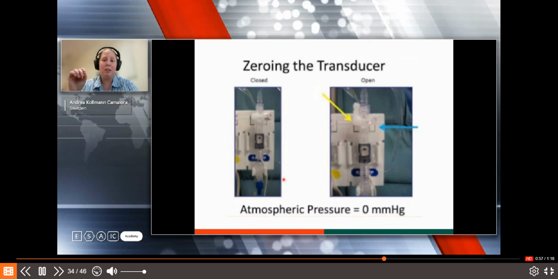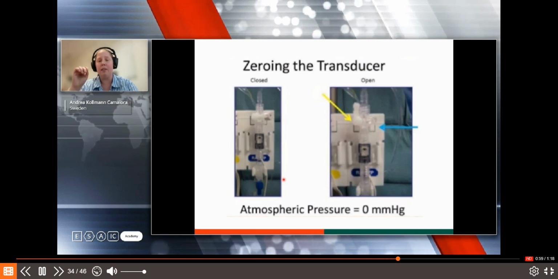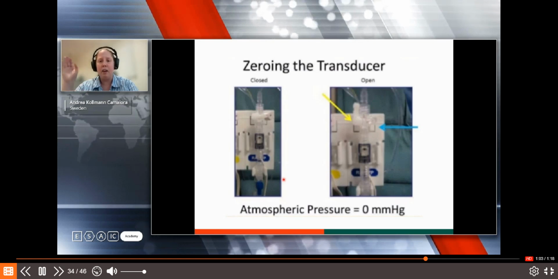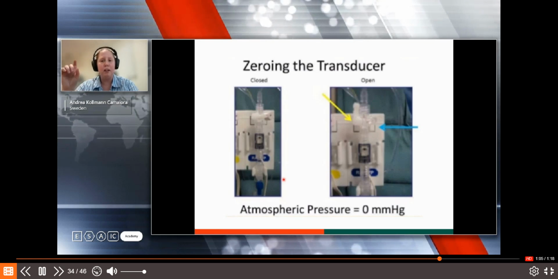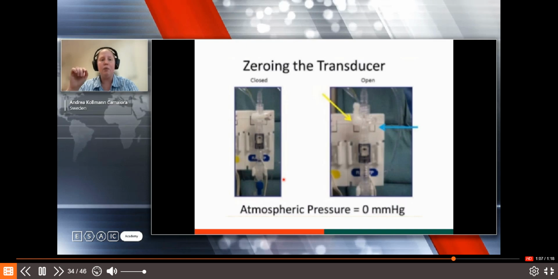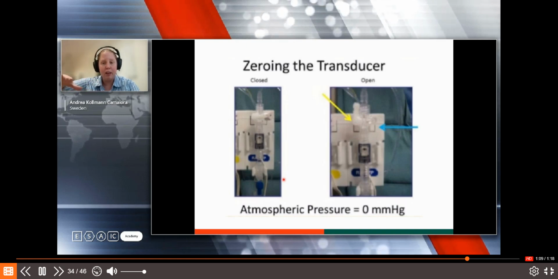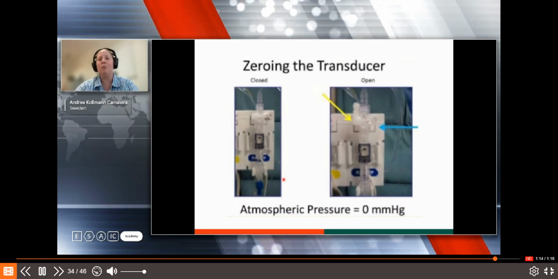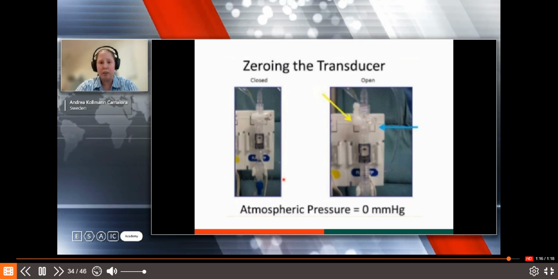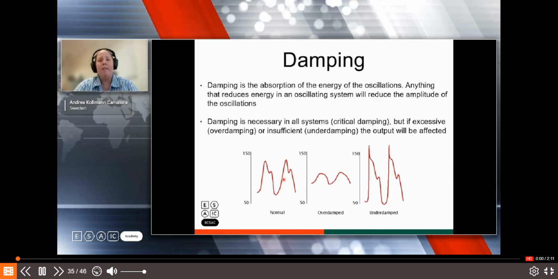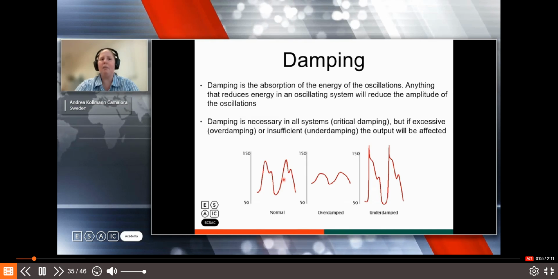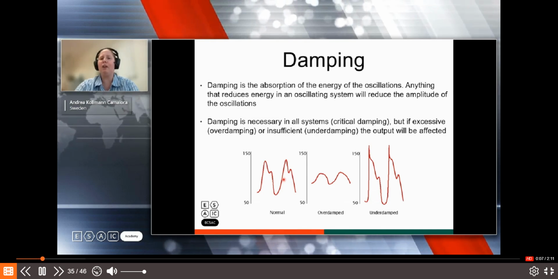So it doesn't matter if you're using your invasive arterial monitoring at sea level or high in the mountains, because by doing the 0, you are telling the transducer, this you're feeling right here, that is 0 millimeters of mercury. So it's a way to standardize the measuring and make it easier. There is something about arterial blood pressure that's called the damping, and the damping is the absorption of energy of the oscillations.